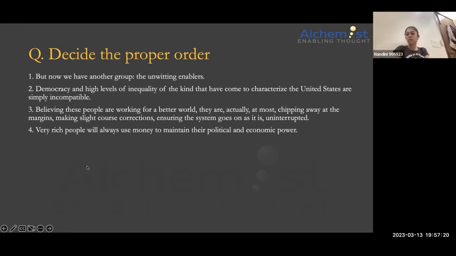Incompatibility between the democracy. Incompatibility of A with B, ऐसे बोलते हैं. Incompatibility between A and B नहीं होता कुछ. Okay. Of A with B. या compatibility of A with B. Same कहानी.